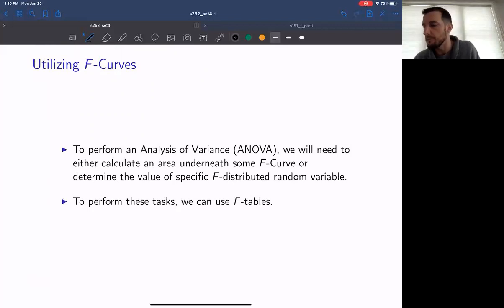And these tables are utilized in the same way that we use the student T table. What I mean is they are most similar to the student T tables. So they give critical values at specific degrees of freedom and significance levels. So our P values will always be bounded the same way they were for when we performed T tests.